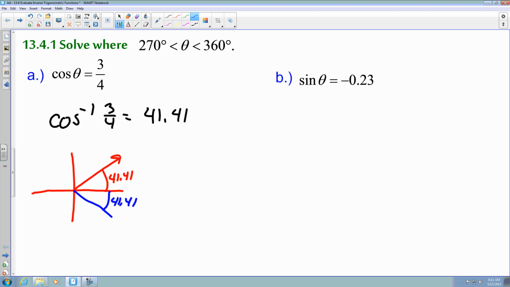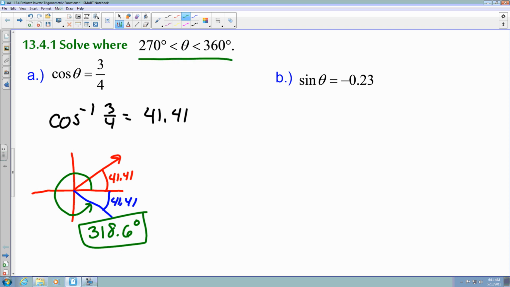If I take 360 minus 41.41, this angle here in green is going to be roughly 318.6 degrees, which satisfies the parameters of being between 270 and 360.